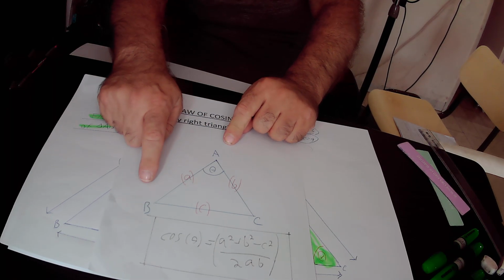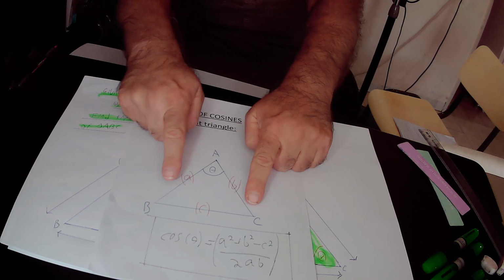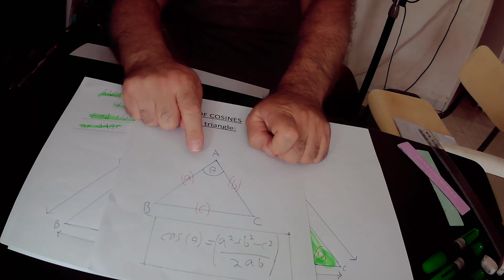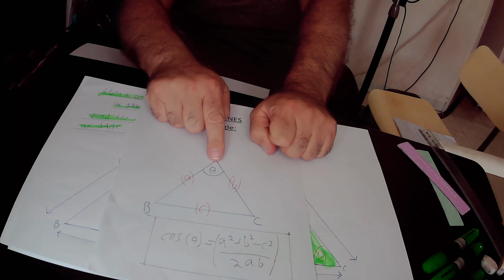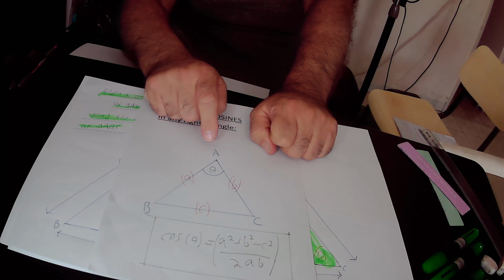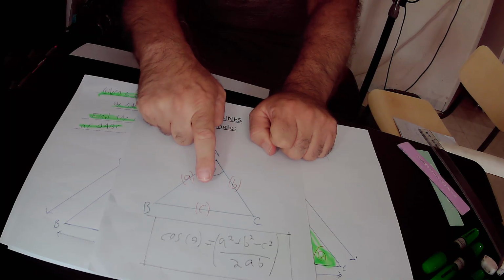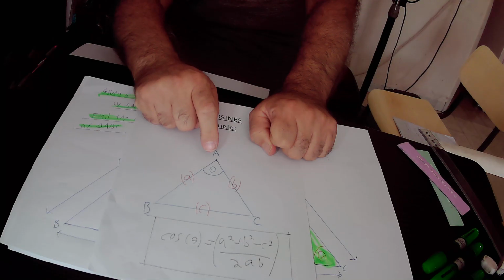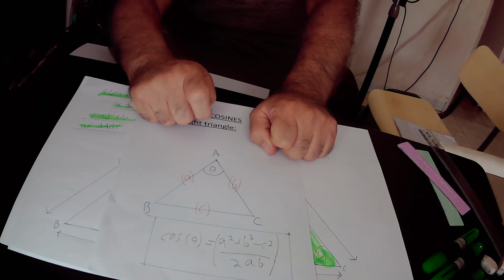Side AB equals A units, side AC equals B units, side BC equals C units, and angle BAC equals theta degrees. According to the law of cosines, cosine theta equals A squared plus B squared minus C squared over 2 times A times B.